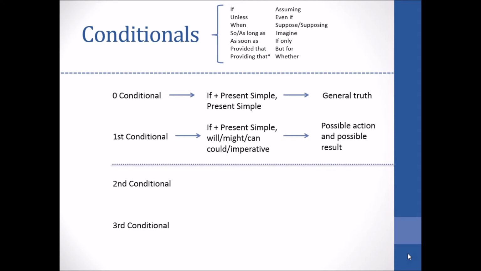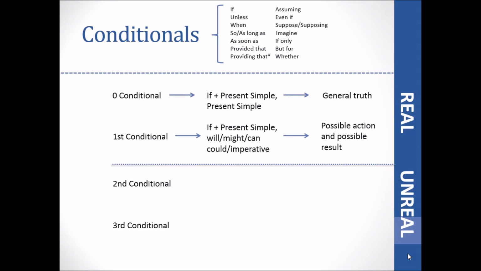Now we're going to draw a line here because we're going to make the difference between what's real and what is unreal. So when we deal with the second and third conditional, we actually deal with the subjunctive form, and that is why the second conditional and the third conditional use past forms to talk about perhaps a present situation.